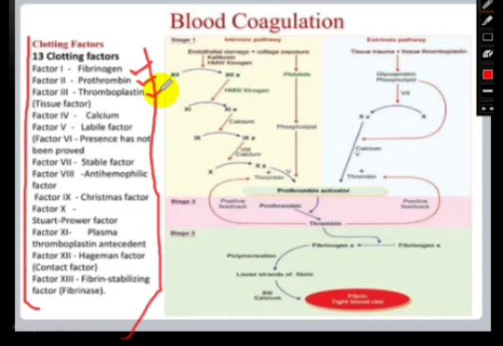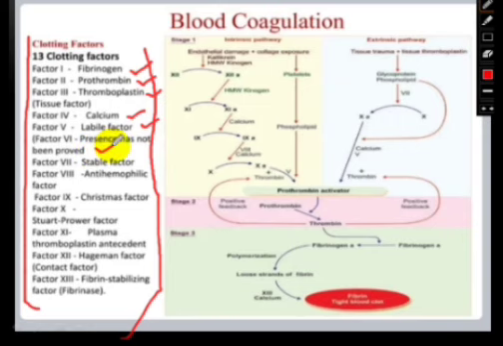Factor 3 is what? Thromboplastin. Okay. Factor 4 is what? Factor 5 is what? Okay.